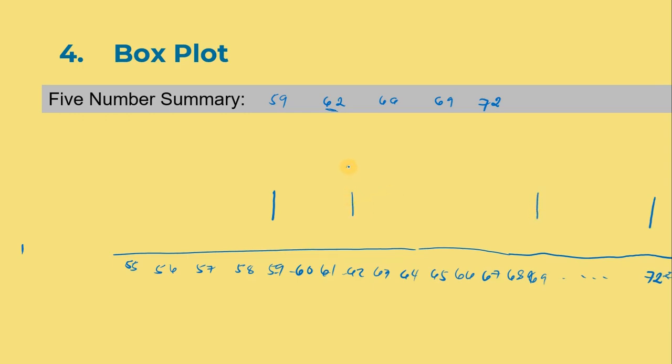And then from quartile 1 to quartile 3, you draw a box. Then you draw the median, 66, where the median should be. So just continue drawing the box plot.